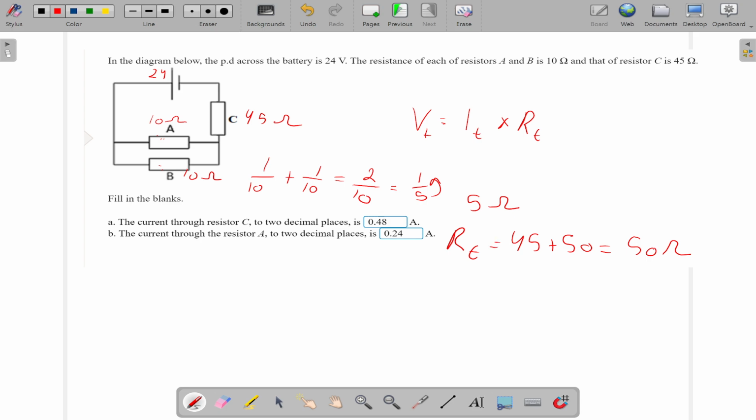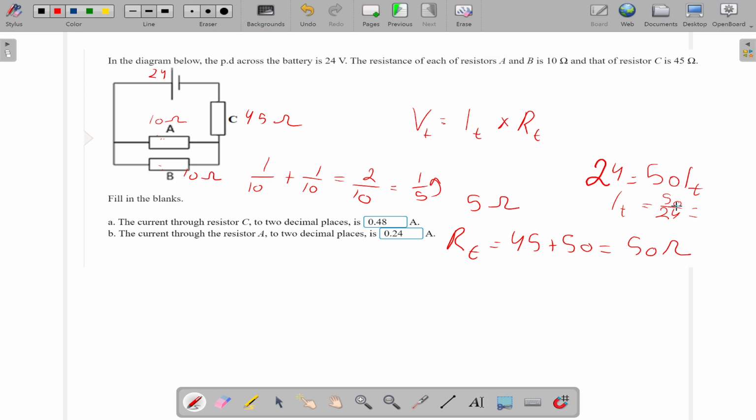So the total voltage is 24. So 24 equals 50 I total. So I total equals 24 divided by 50.